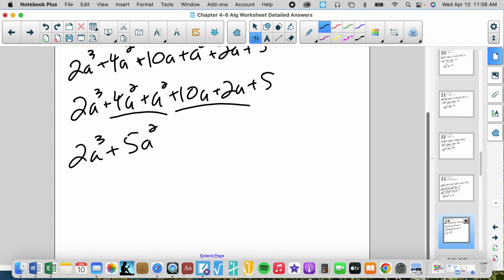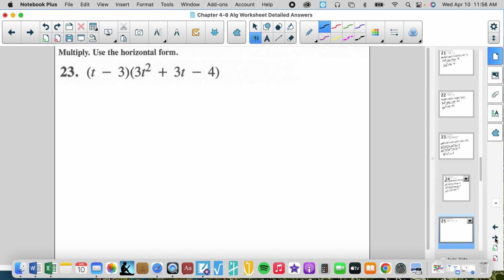Add those coefficients. And that is in standard form.